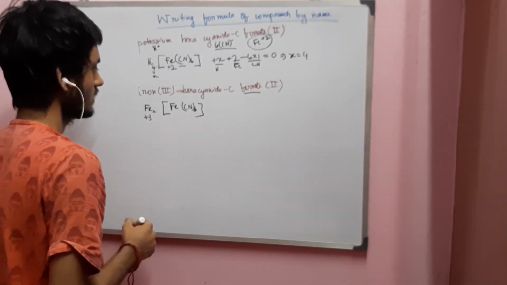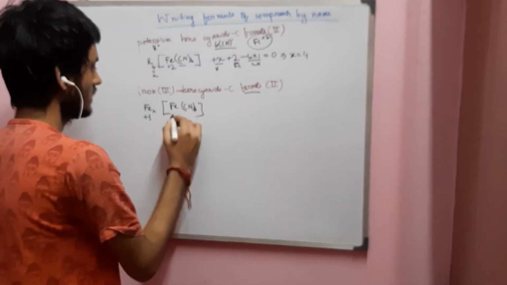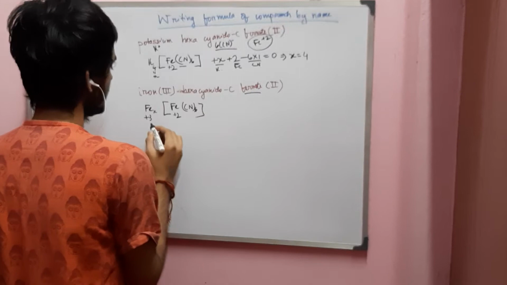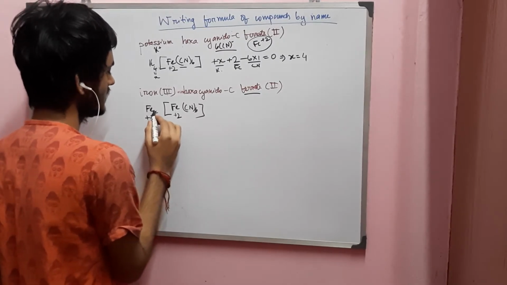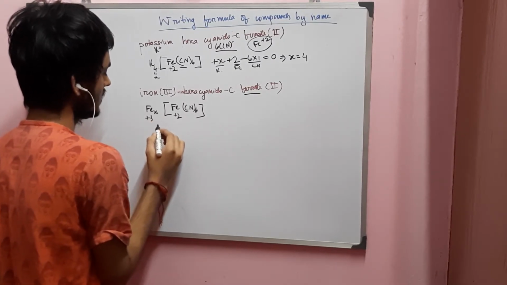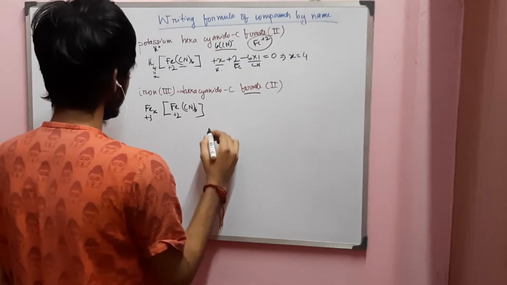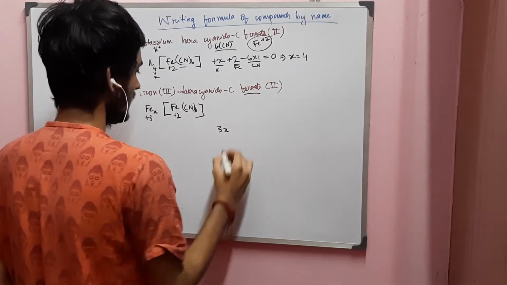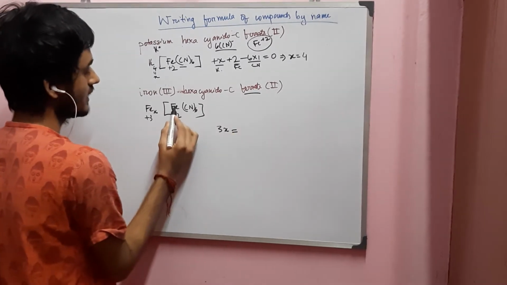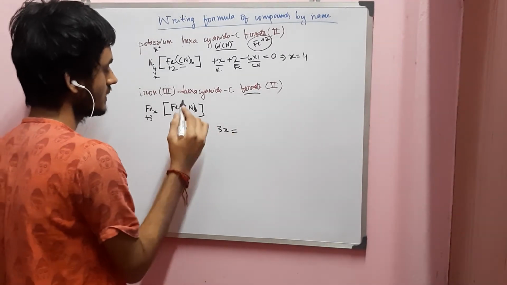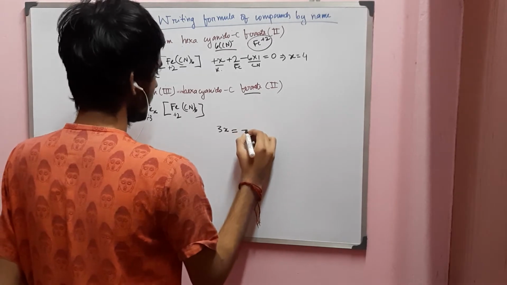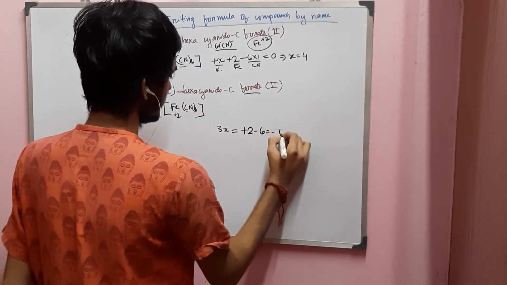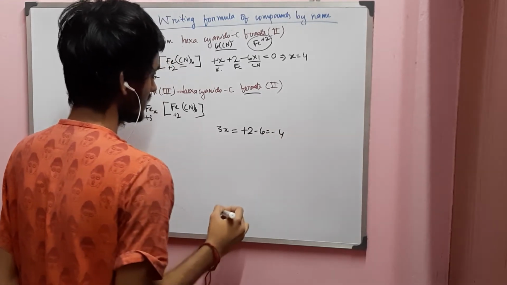The charge in the coordination sphere will be ferrate(II), minus 4. So let's say there are x atoms of Fe plus 3. So total charge here is 3x. That will be equal to the net negative charge in the coordination sphere. Plus 2 minus 6 is equal to minus 4.